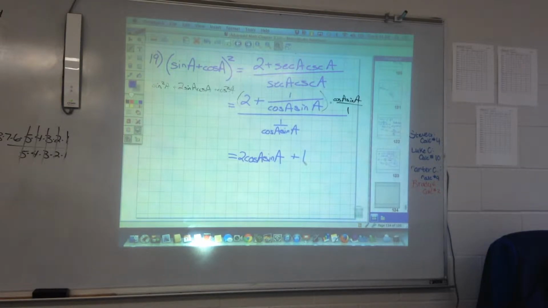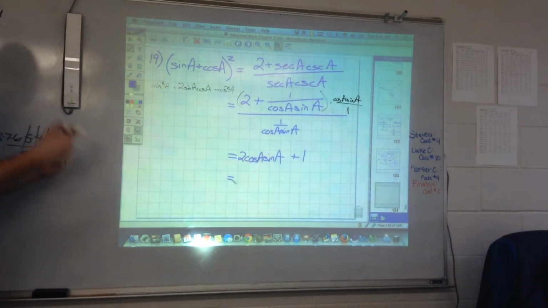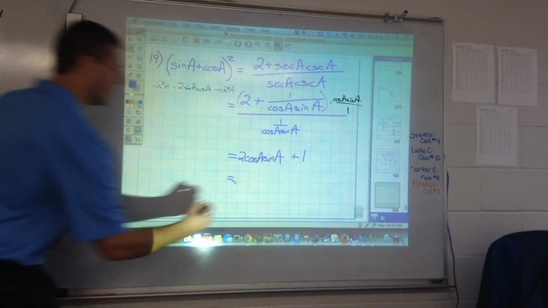So knowing that, the way I would go about doing this, what it'll look like is you working backwards: I might replace the 1 with sine squared plus cosine squared.